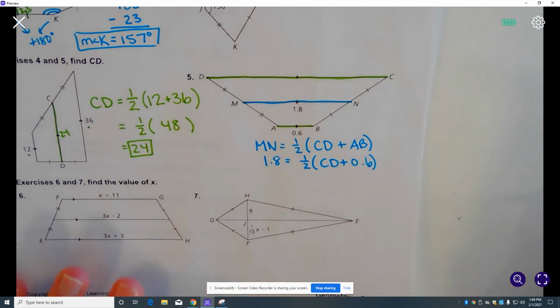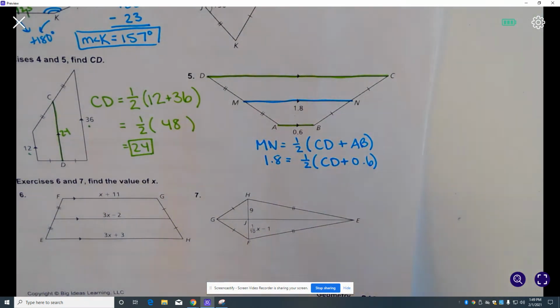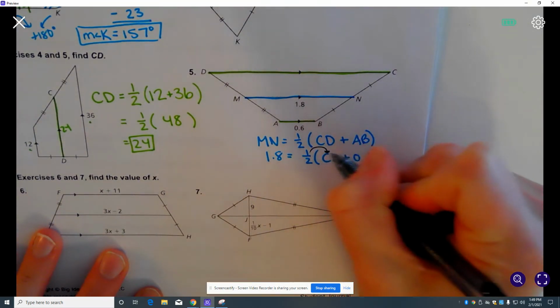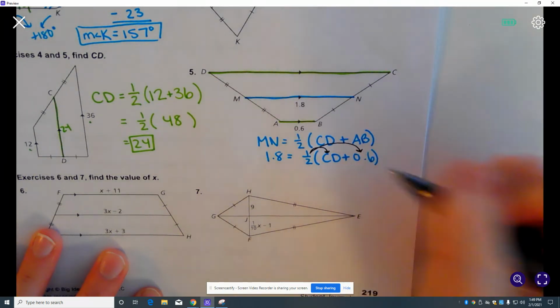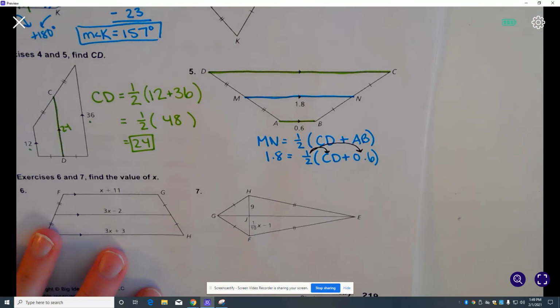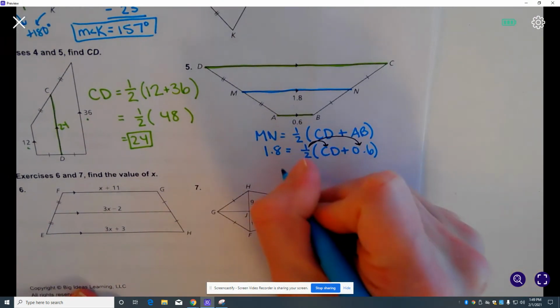So I need to solve this equation, I need to find the length of CD. So I need to get CD by itself. Notice I have some parentheses here. So I'm going to use the distributive property to distribute that 1/2. 1.8 equals 1/2 times CD is simply 1/2 CD.